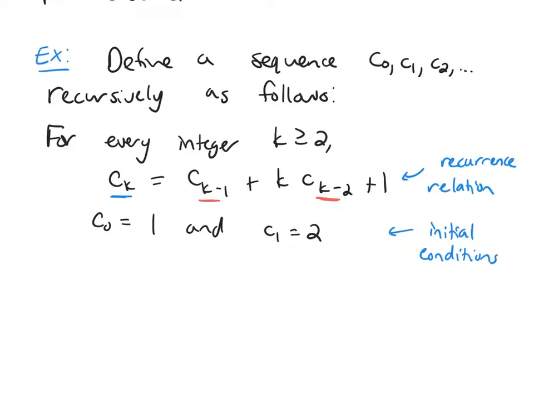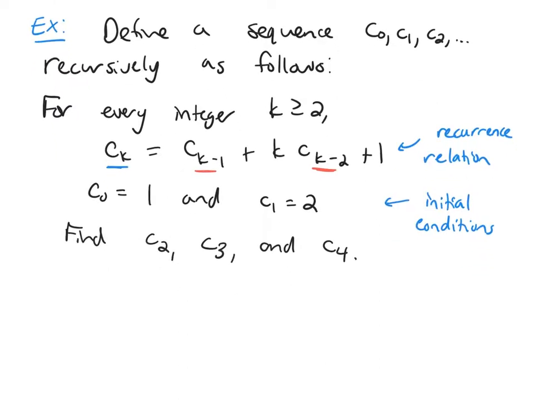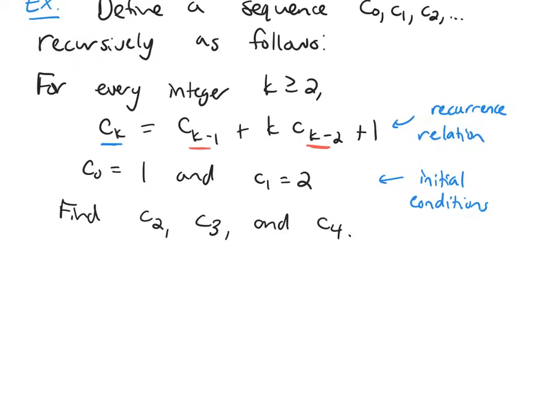So let's find, for this problem, C2, C3, and C4. Let's start with C2. We're going to use our recurrence relation up here. Let's plug in 2 for k.